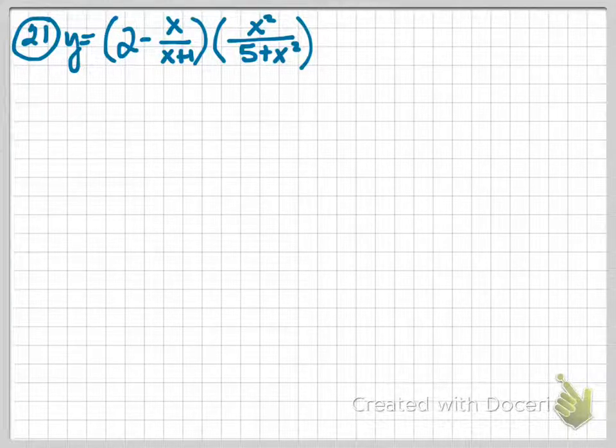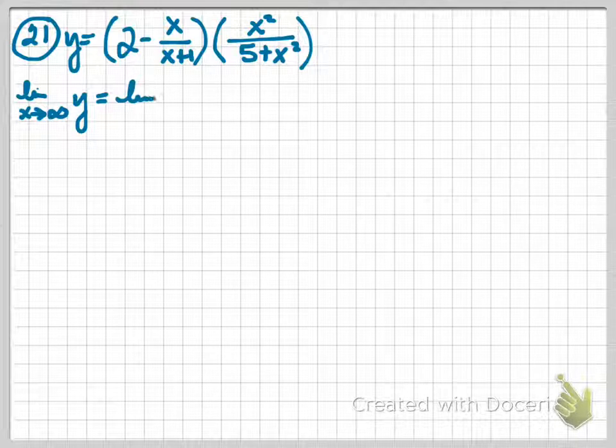So first of all, in a big picture way, this is the limit of a product we're being asked to find, isn't it? Because when I'm asked for the limit as x approaches infinity of y, and I can call it y until I start breaking it apart, what is the limit of a product? The product of the limits, okay?